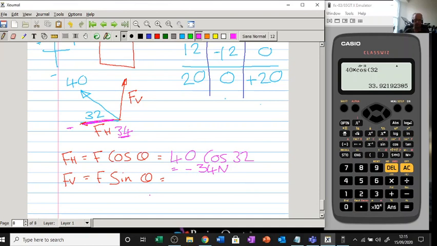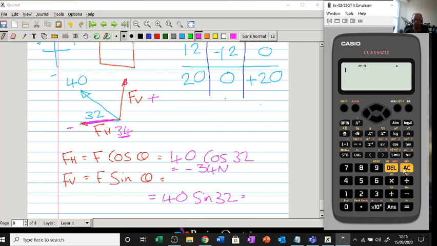And then the vertical force is going to be F sine 32. This one's going up, which we call positive. So it's going to be 40 sine 32 equals 21.2, say.